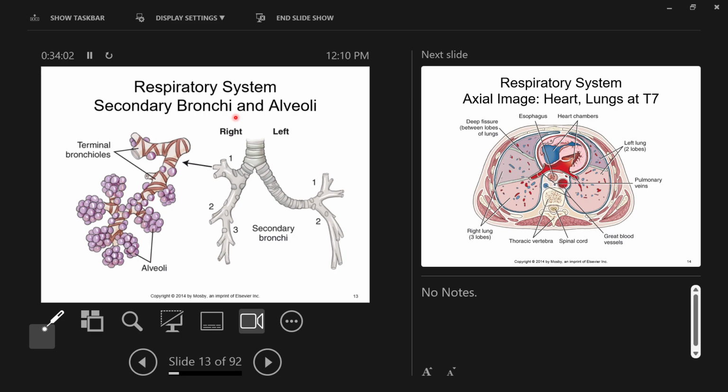And what would be a leaf on a tree is in the body a cluster of air sacs, okay? These air sacs have a name, they're called alveoli. These alveoli have the job of butting up right against the blood. So what's not being shown here is wrapped around and intertwined with all these alveoli are blood vessels, okay?